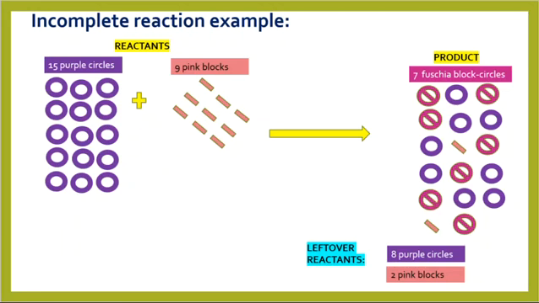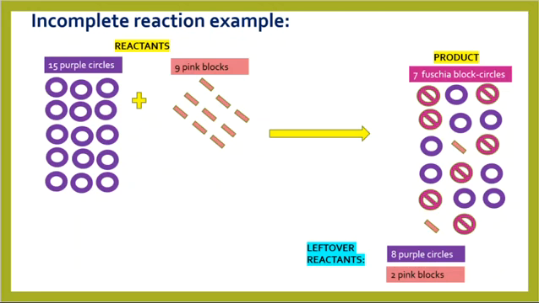There are different reasons for incomplete reactions. Some of the reactants may never have come into contact with each other. For example, there may not have been a collision between this particular pink block and this particular purple circle. The temperature may not have been high enough. So if this was an endothermic reaction, for example, maybe the hot plate was turned off too quickly.